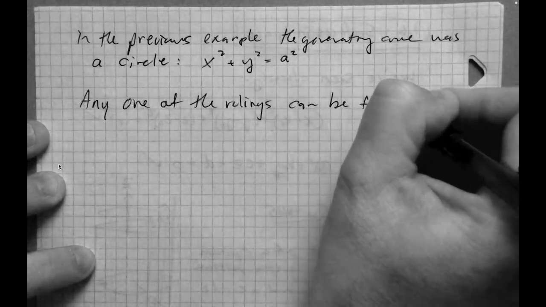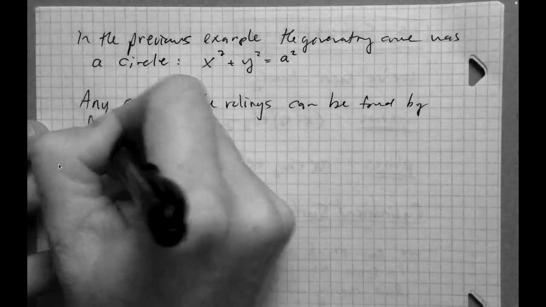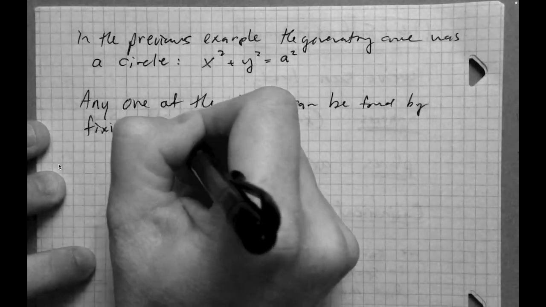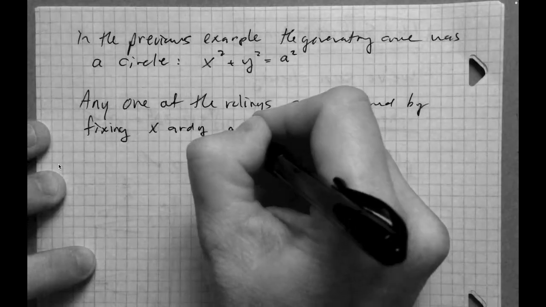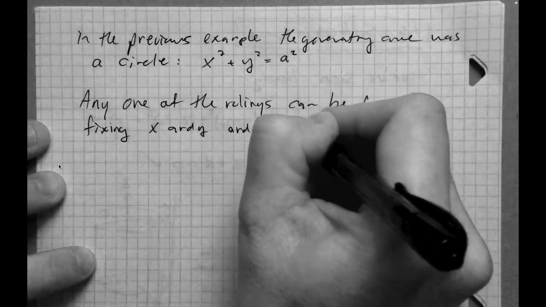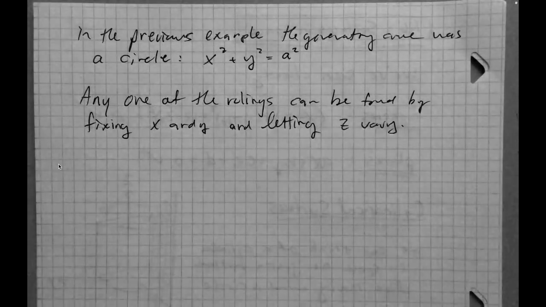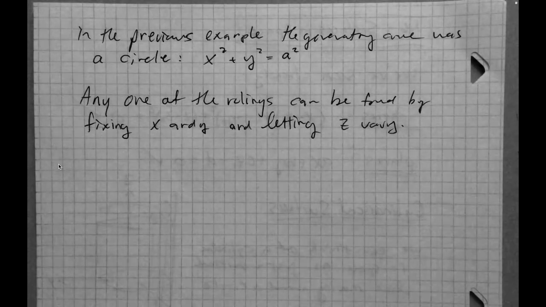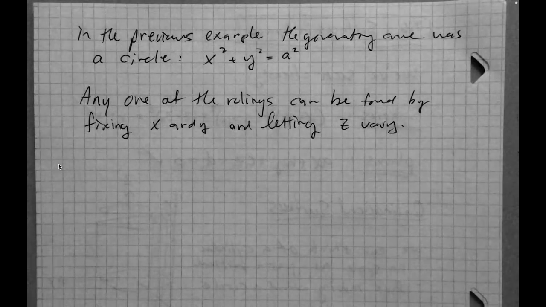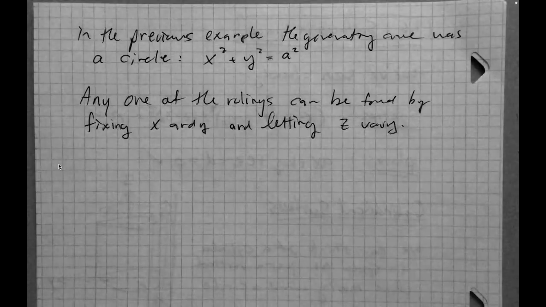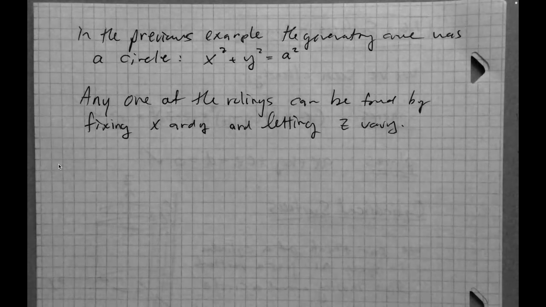So basically you just find a spot on the circle, and the rulings are all of the fixed xy coordinates with z varying.